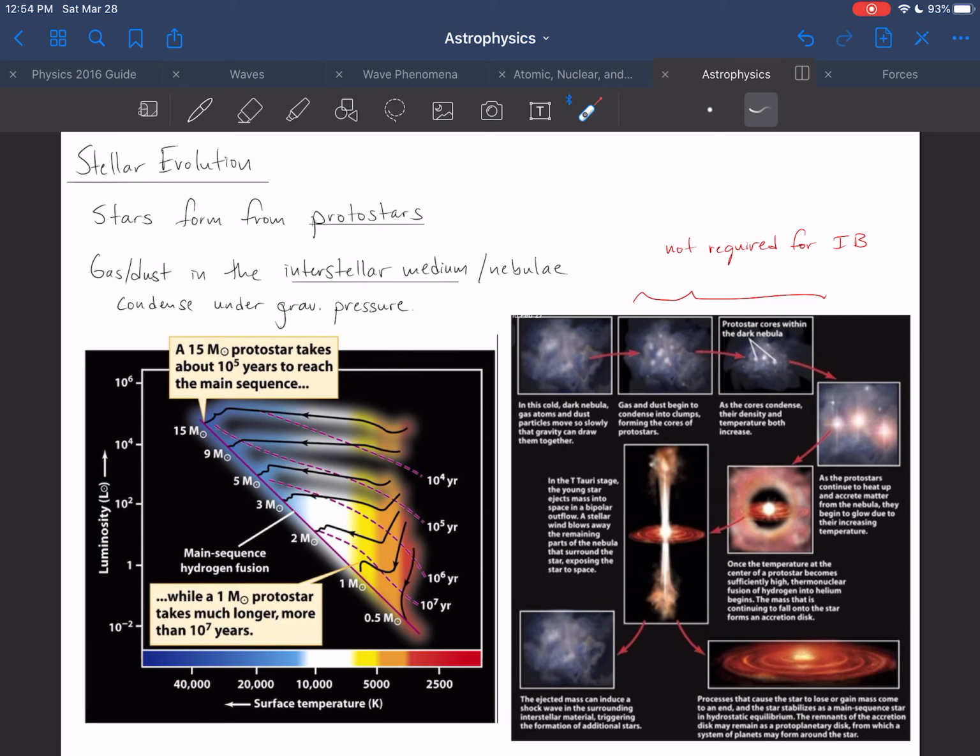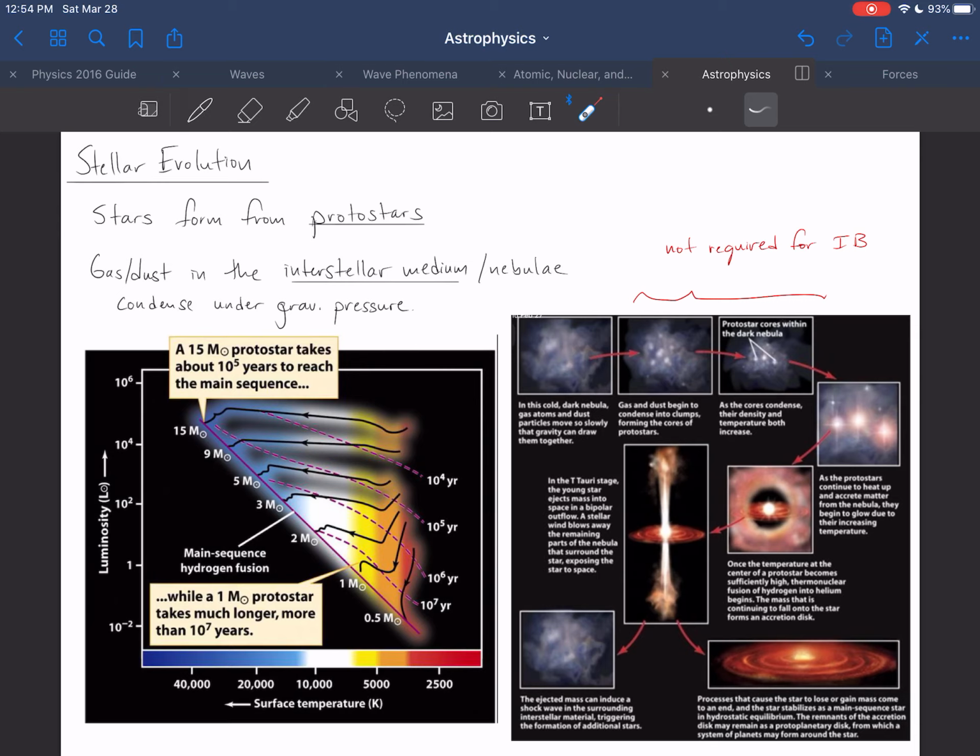At the beginning, it's important to note that stars form from what are called protostars. Protostar just means before star. Although you will not have to discuss this evolution in general, the general idea is that stars form from dense enough clouds of dust and gas.